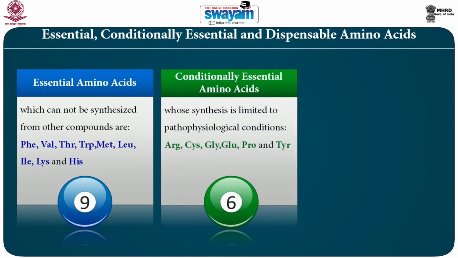6 amino acids: arginine, cysteine, glycine, glutamine, proline, and tyrosine are conditionally essential.